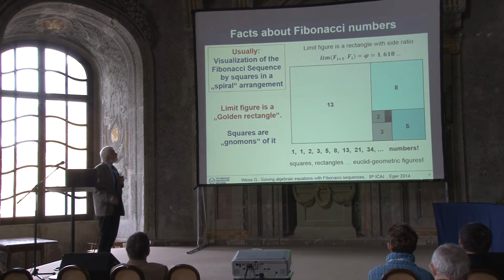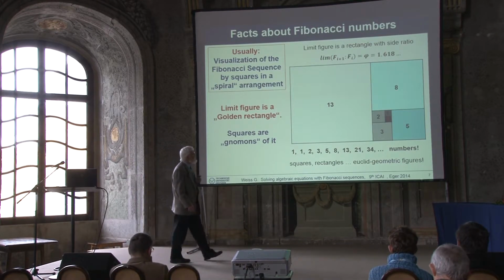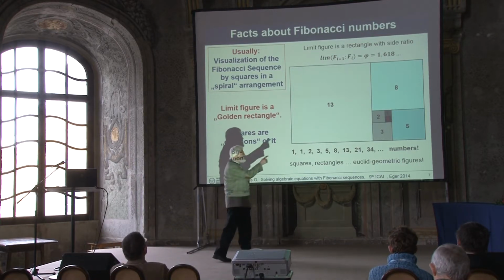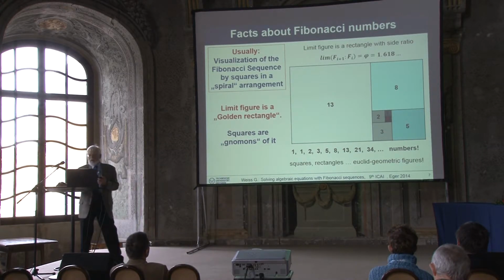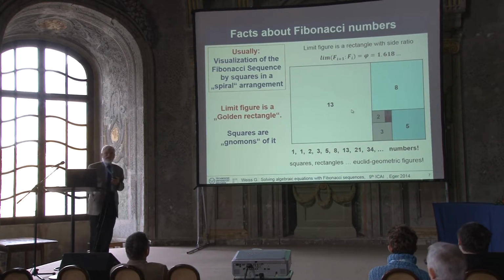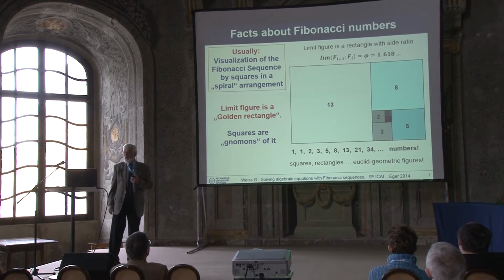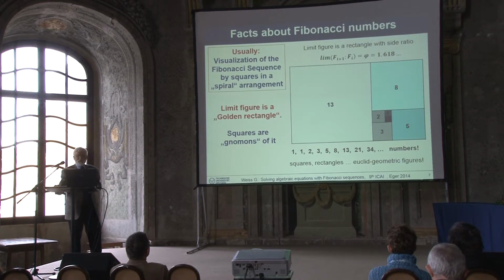So, facts about Fibonacci numbers. Usually we have the visualization, putting one square, you see the little ones with 1 and 1 described. So you add the square on the left-hand side, 2, and from this order you continue such that you, in some sense, have a circular similarity movement. So what do you really add?